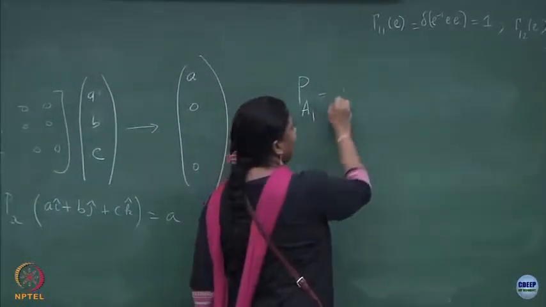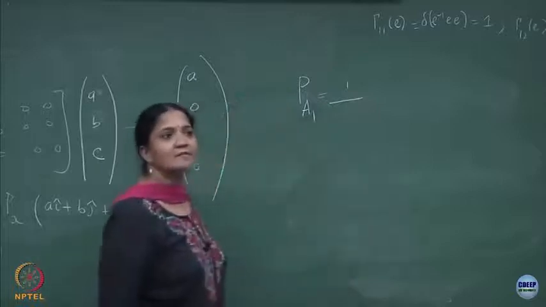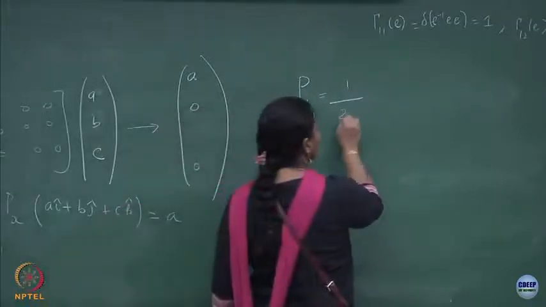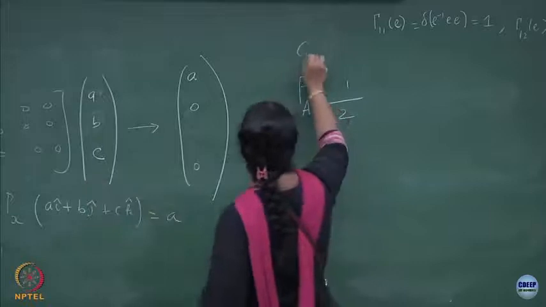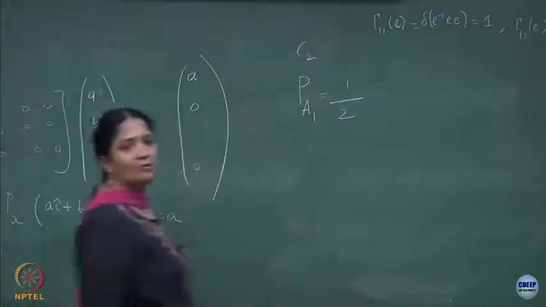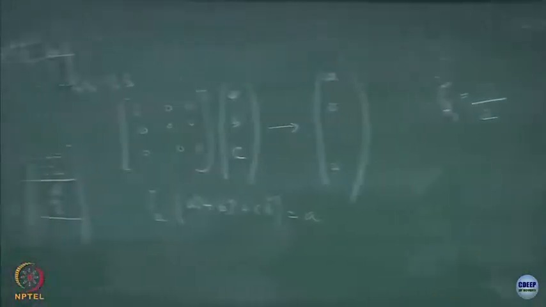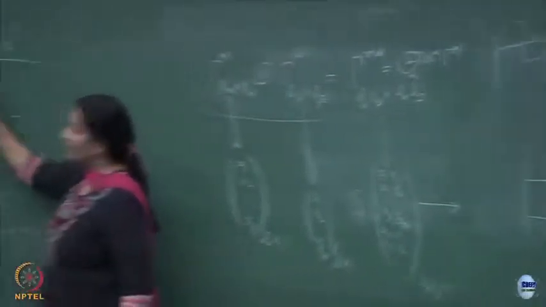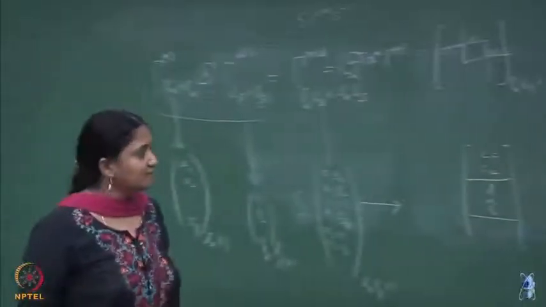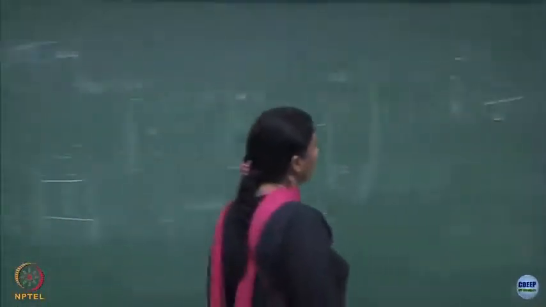So, you will have 1, and the order of the group is 2, let us do it for the C2 group, okay. The order of the group is 2 and the characters are: A1 has characters 1 and 1, it is a unit representation. So, let us write that.